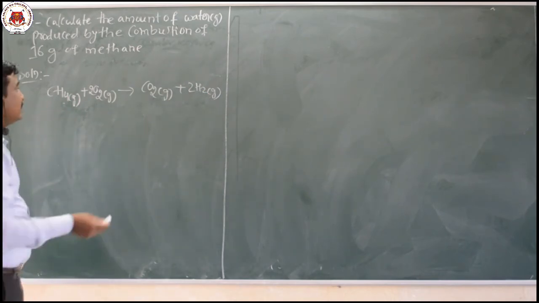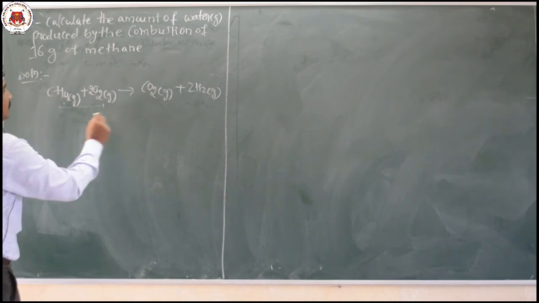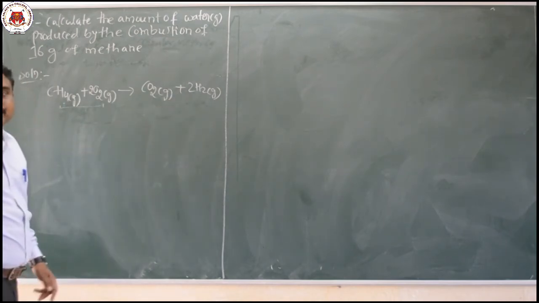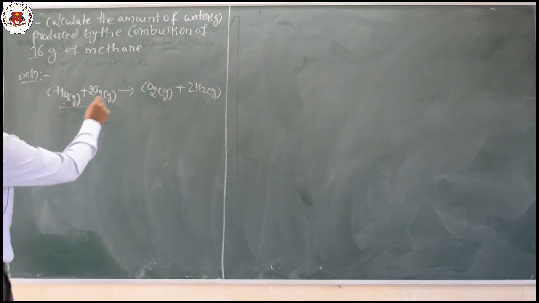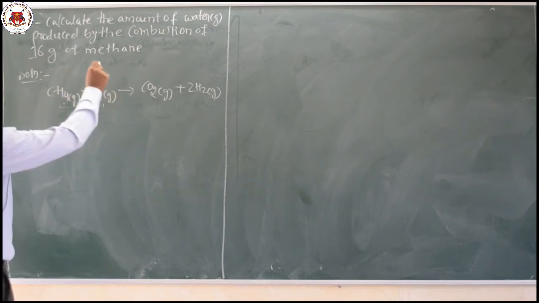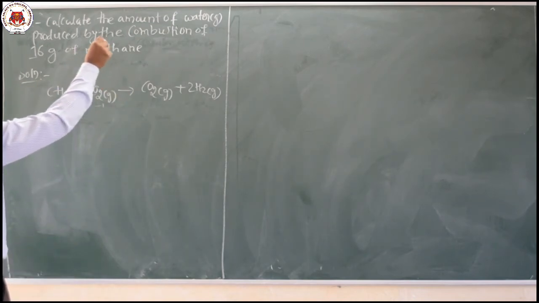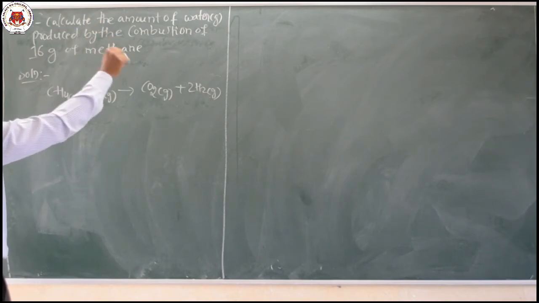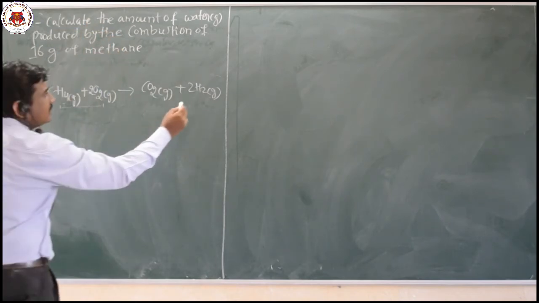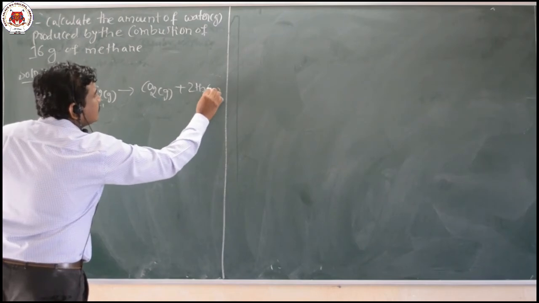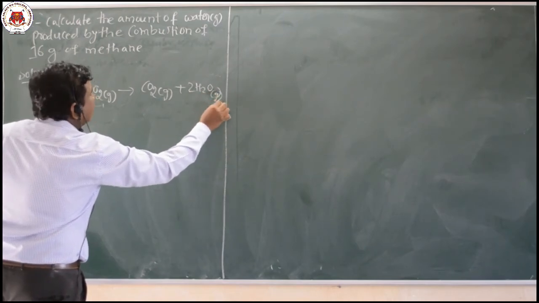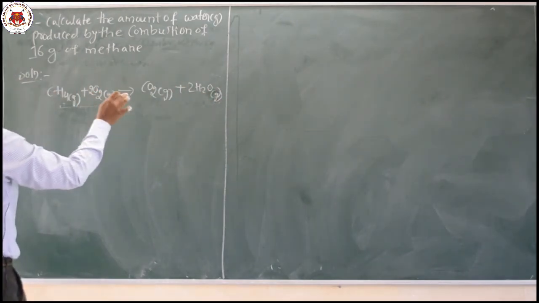These two are the reactant species and these are the products. So now this is a balanced chemical reaction for the combustion of methane. They asked to calculate the amount of water produced, 2H2O.